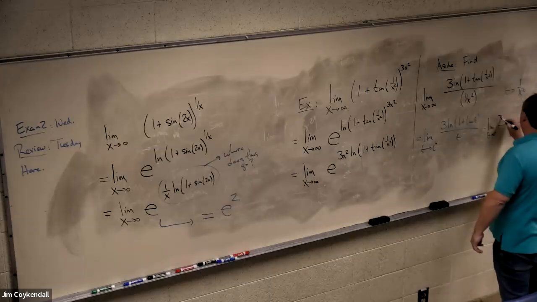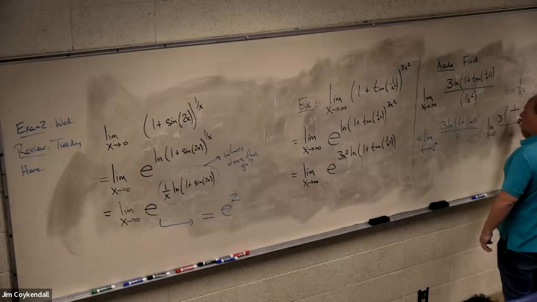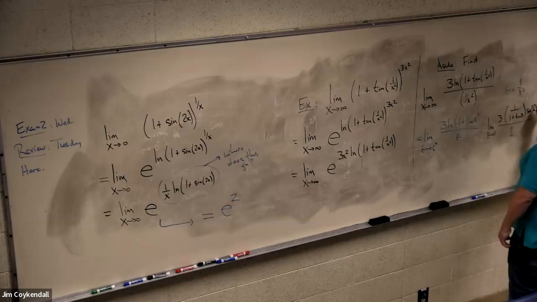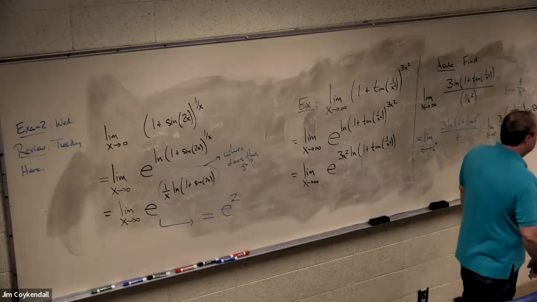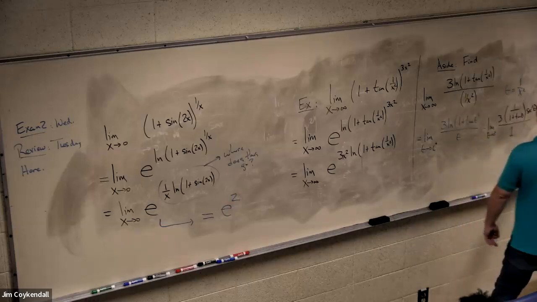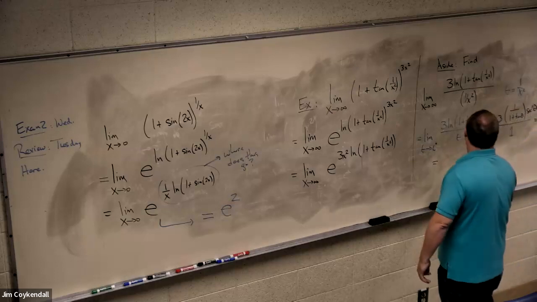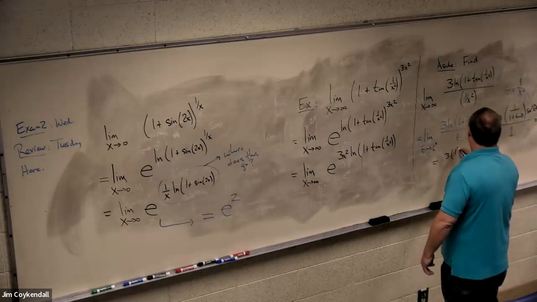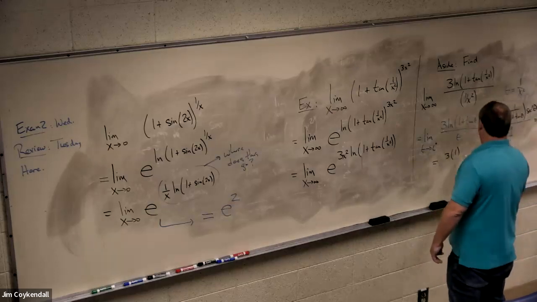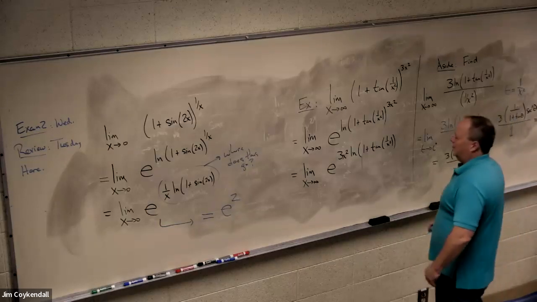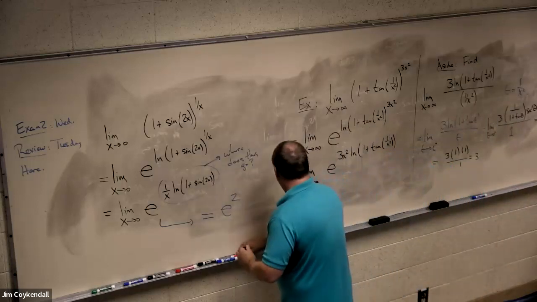Derivative of this is 3 times 1 over 1 plus tangent theta times secant squared. And when theta goes to 0 from the positive side, this is 3 times 1 over 1, times 1. So the answer to our problem.